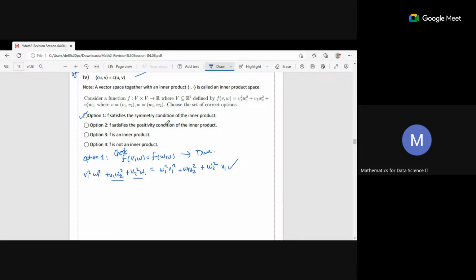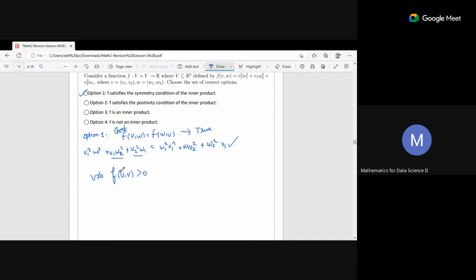And what about the positivity? For positivity, you need to check f of V comma V is positive for any non-zero V. You take any non-zero V and verify that. So what is f of V comma V? It is V1 power 4 plus V1 square plus V2 square V1. Okay, so it is actually V1 power 4 plus 2 times V1 V2 square.